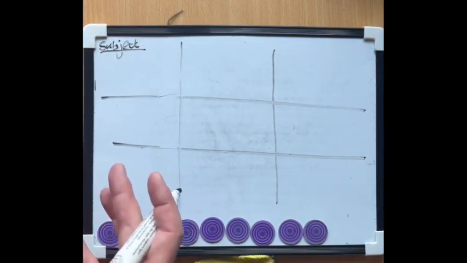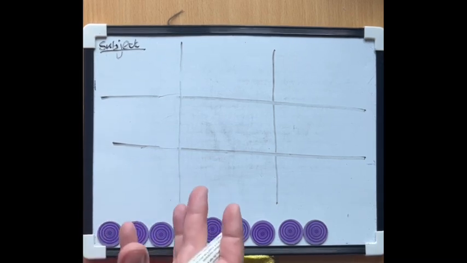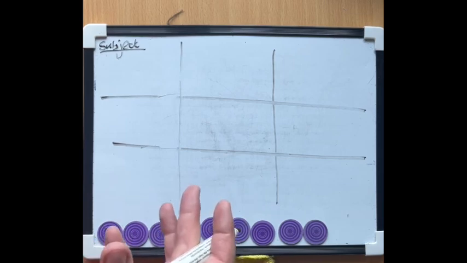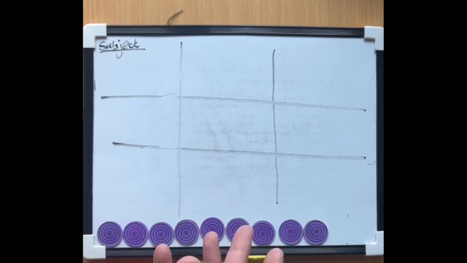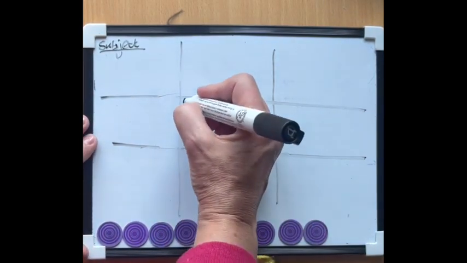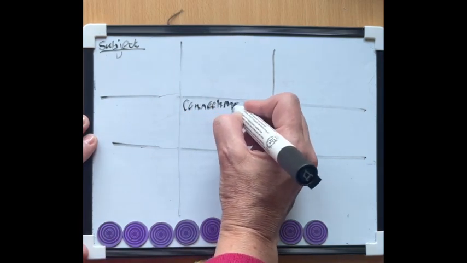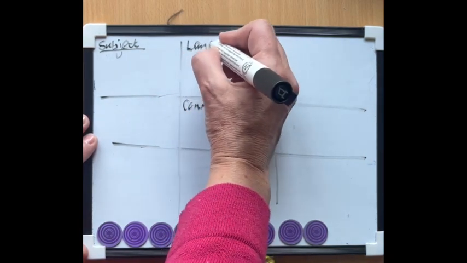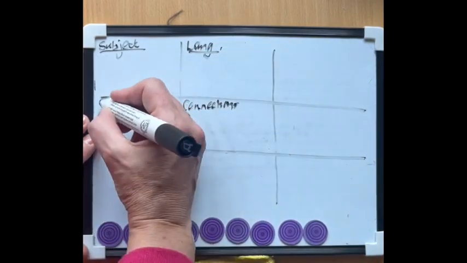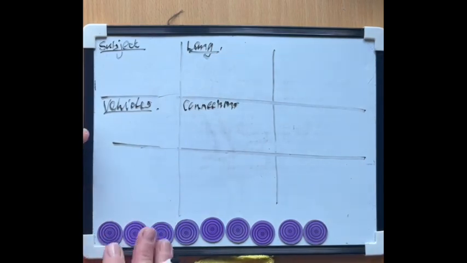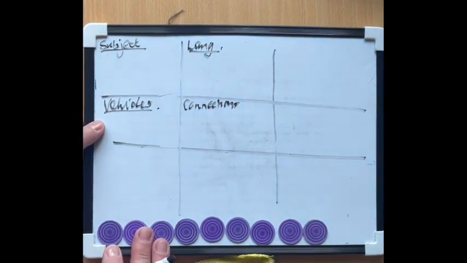So fractions are obviously not only related to halving and doubling, but they're also related therefore to division and multiplication, which is also connected to addition and subtraction. So you have got a connections section here as well. You've got your language here and so on. So this section here is vehicles, and this is a really, really vital place to start with your thinking.